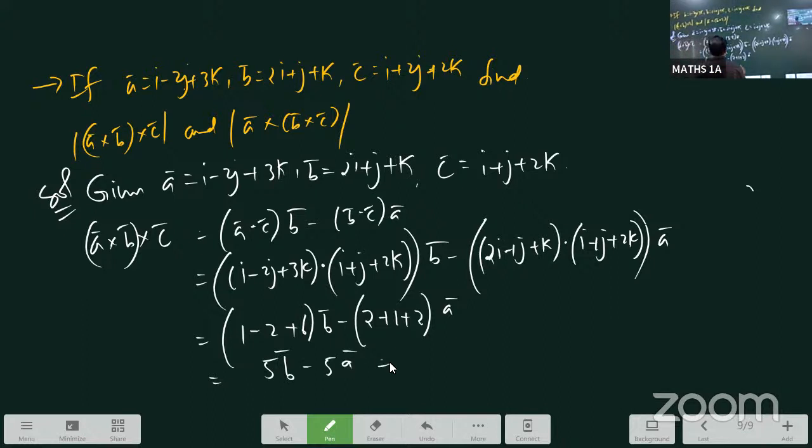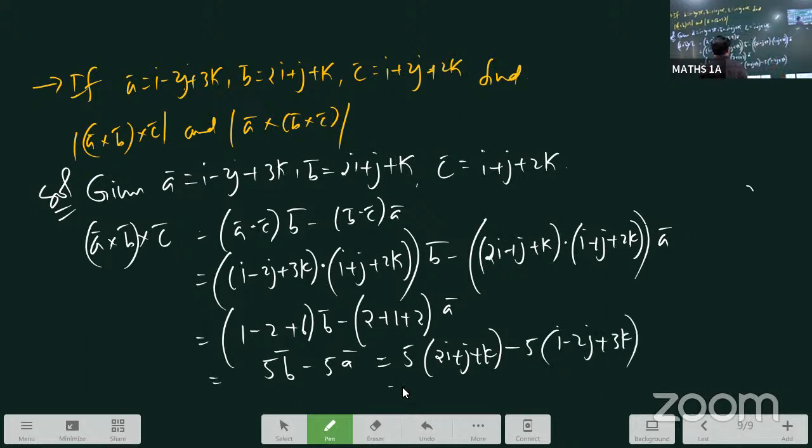That is 5 into (2i plus j plus k) minus 5 into (i minus 2j plus 3k).